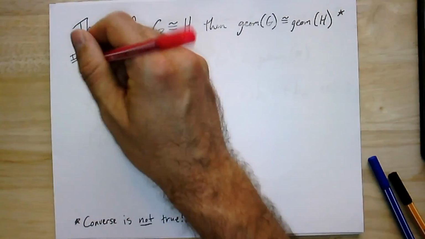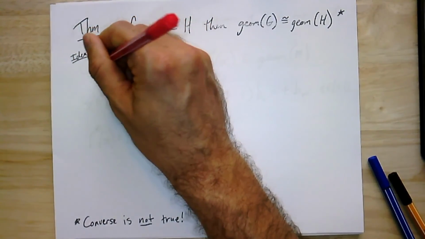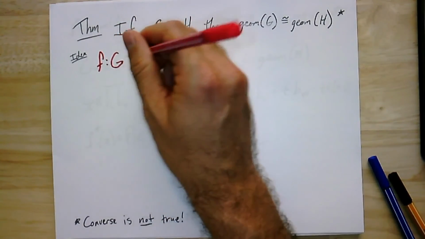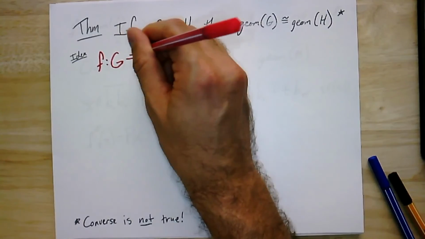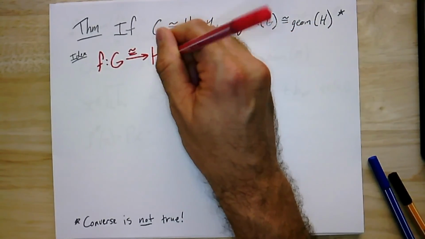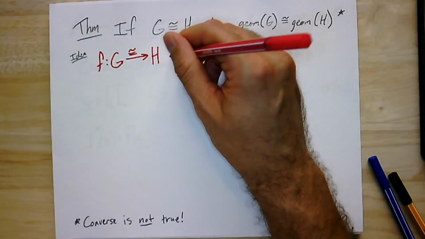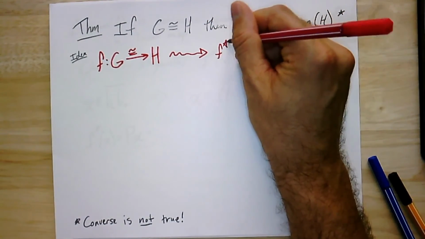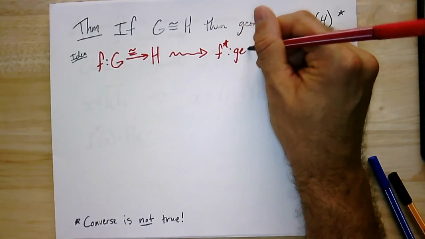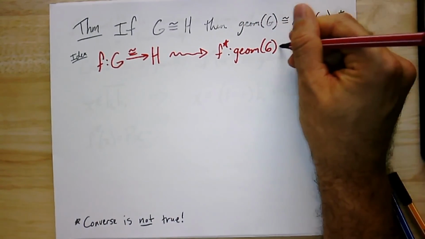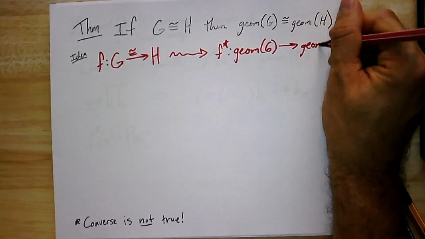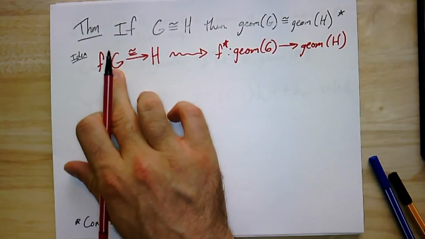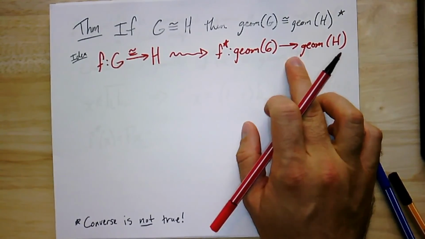Here's the idea. You should think of it this way first. If you take an isomorphism, here's my isomorphism, f, from G to H, I kind of want to turn it into some continuous map from the geometric realization of G to the geometric realization of H. And ideally, if this is an isomorphism, this new function also becomes an isomorphism.